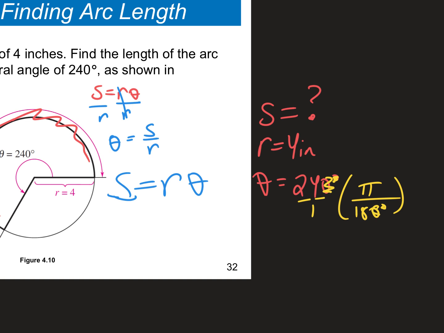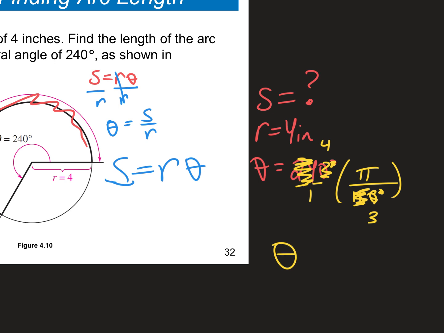My zeros cancel. Does anything go into both 24 and 18? 6. 6 goes into 24 4 times. 6 goes into 18 3 times. So what is the theta I'm going to use? 4 pi over 3. Sometimes, a lot of times, the questions will say, especially if you can't use a calculator, to leave your answers in terms of pi. What that means is you should have pi in your answer, like the actual symbol. You're not going to actually go through and multiply by 3.14.